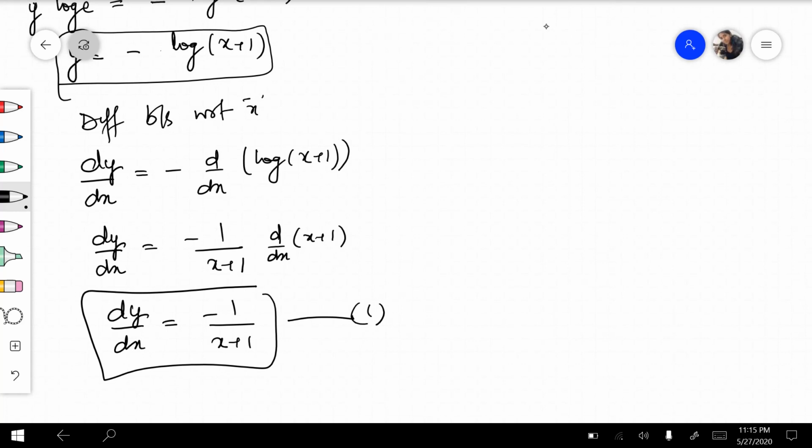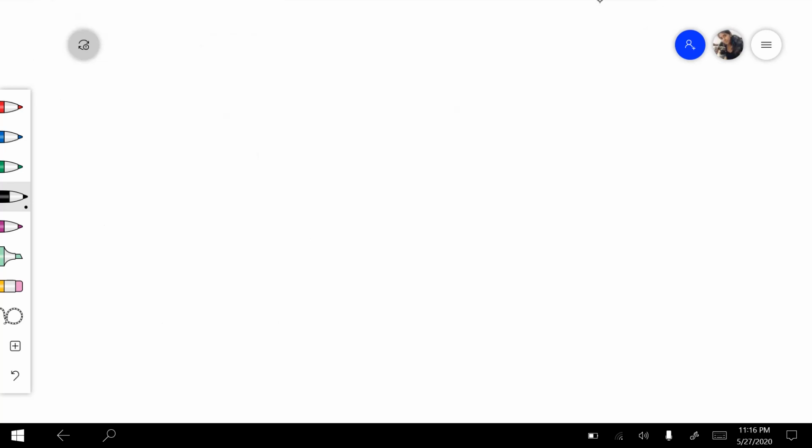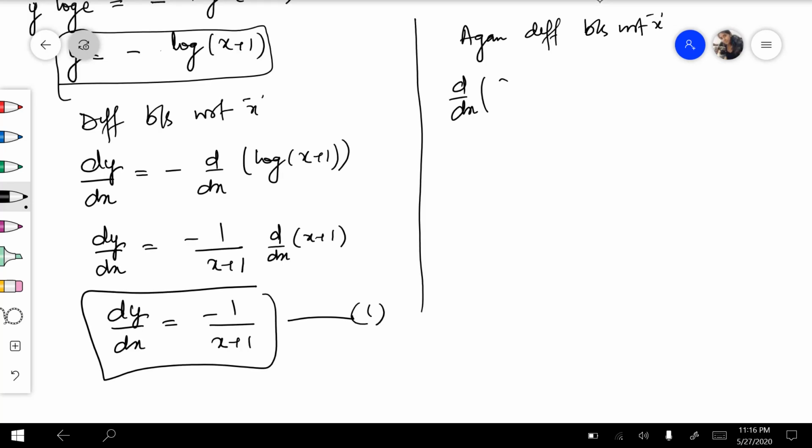Now, again differentiate both sides with respect to x, which gives you d by dx of dy upon dx is equal to minus 1 times d by dx of, I can write that as, x plus 1 raised to power minus 1.